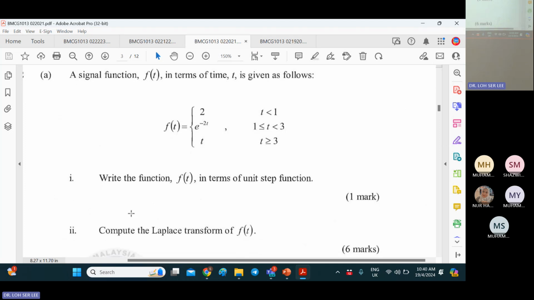Then compute the Laplace transform. This is also what you learned on Monday, and today in the first two exercises. 6 marks.